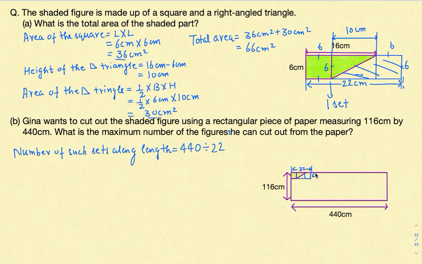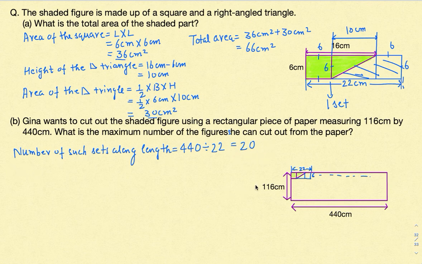We just need to find out how many 22s can fit into this, and fortunately it's a whole number. We'll get 20. So 20 such sets will keep repeating, and there is no space left because there is no remainder here.